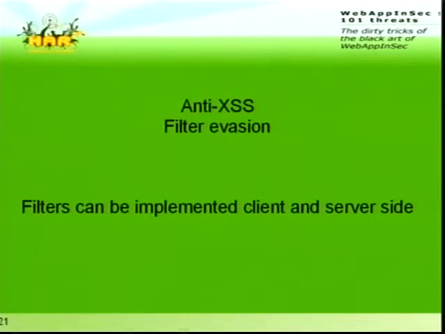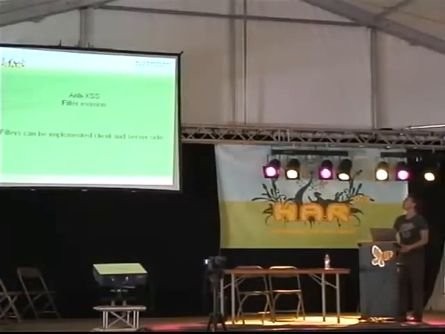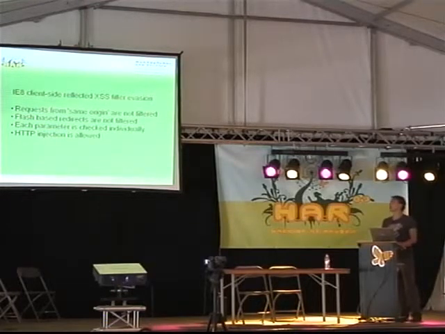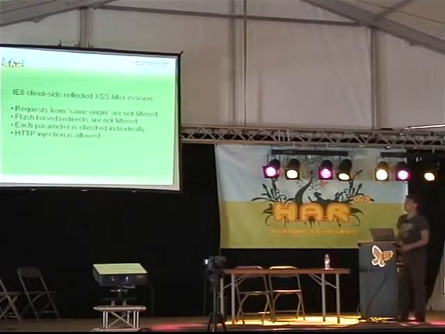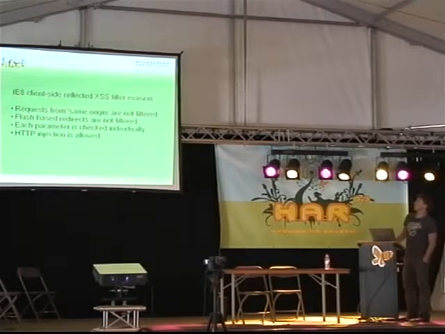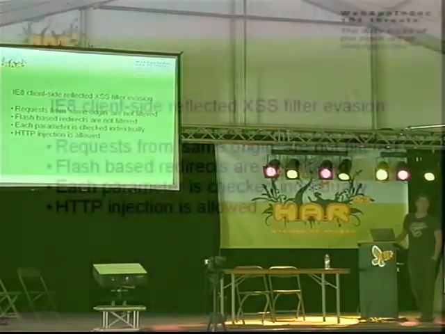Anti-XSS filters exist these days, and they can be implemented client-side, server-side, or anywhere in between. IE8, for example, has implemented a reflected cross-site scripting filter that effectively stops very few reflected attacks, and it fails to block attacks from the same origin.